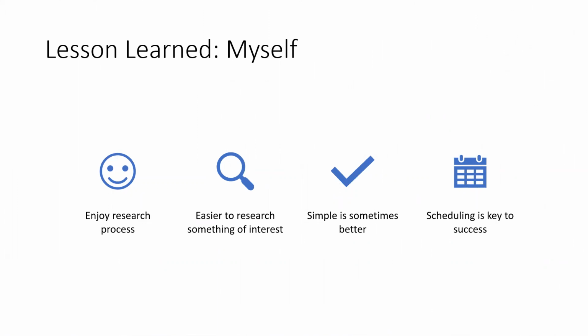I found myself with a million thoughts at the beginning of this research, and I was able to refine it down to simpler, more distinct paths to research, and that ultimately led to a much more cohesive product. And scheduling is the key to success, making sure I have stuff to do every week and I get that stuff done. That was really important for me to produce the final product.